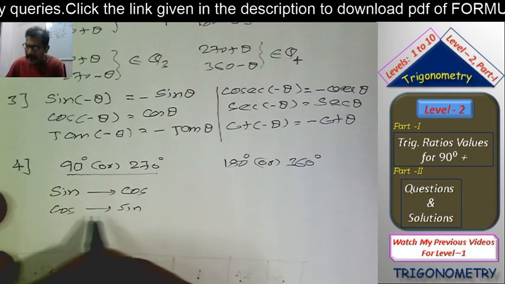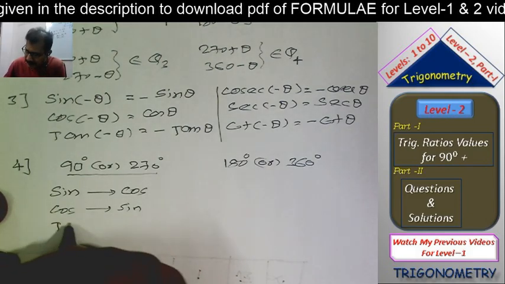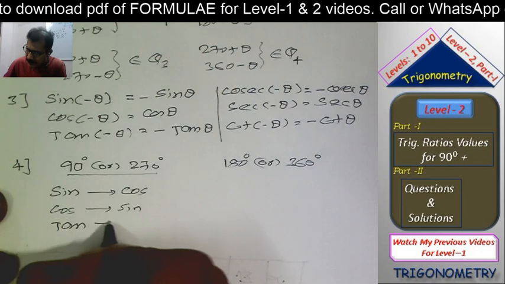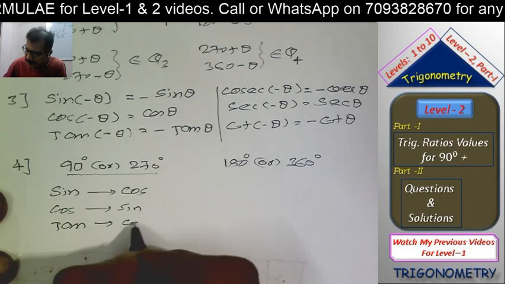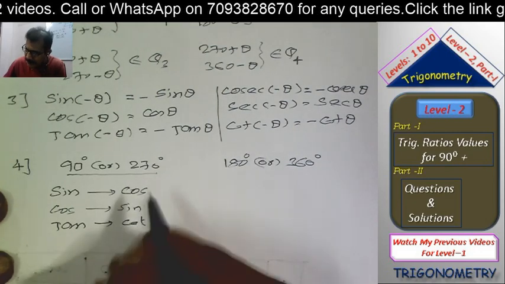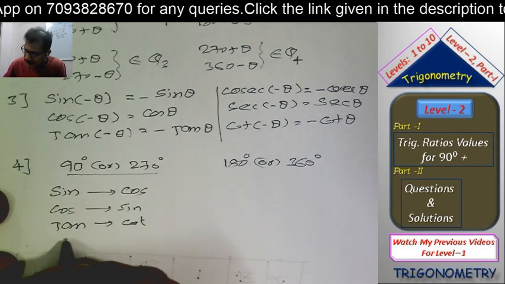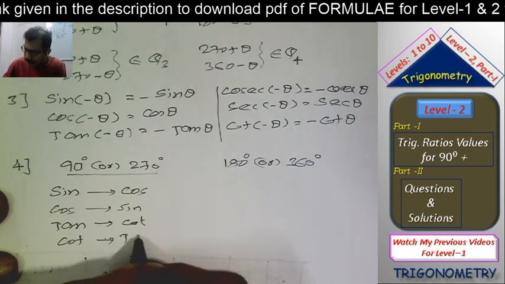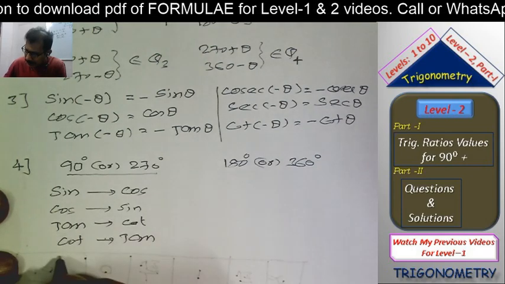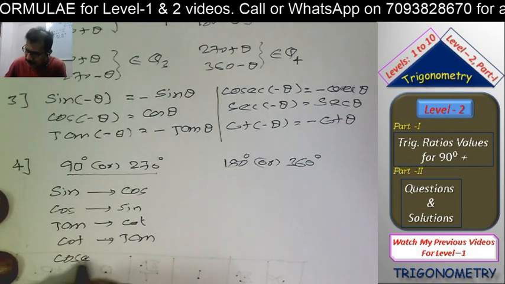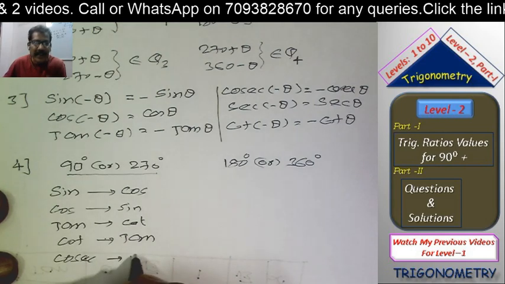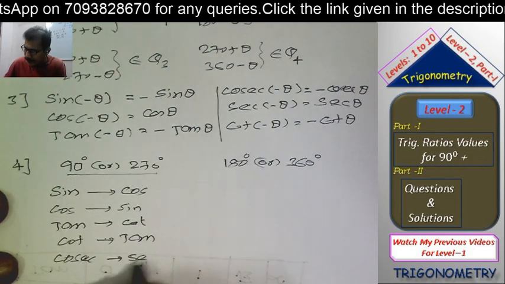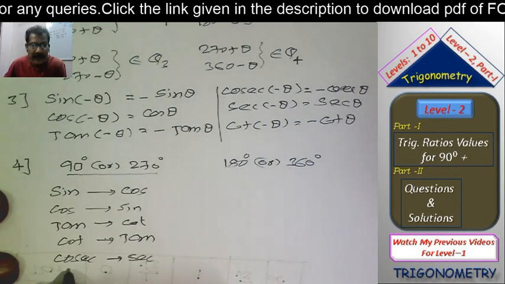Remember, this is not reciprocal. And tan changes into cot. Only this is the reciprocal. And cot changes into tan. Cosecant changes into secant, and secant changes into cosecant.